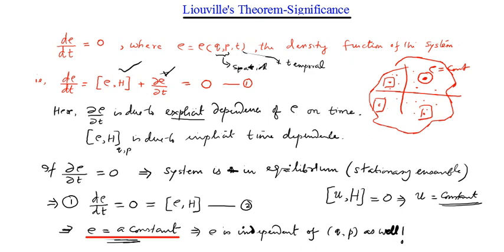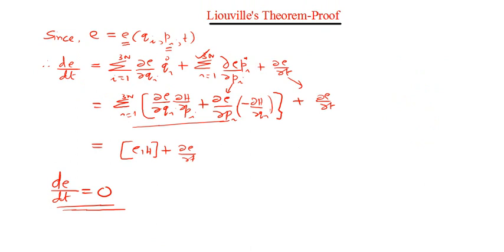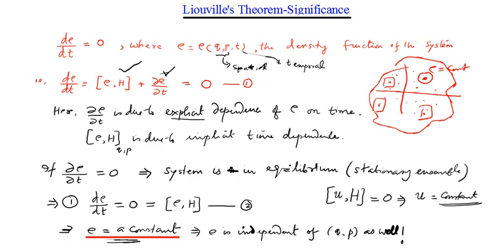Okay, rho equal to constant denotes that the elements of the ensemble, you know what is each element of the ensemble? That is the representative points, or we can say the microstates, right?